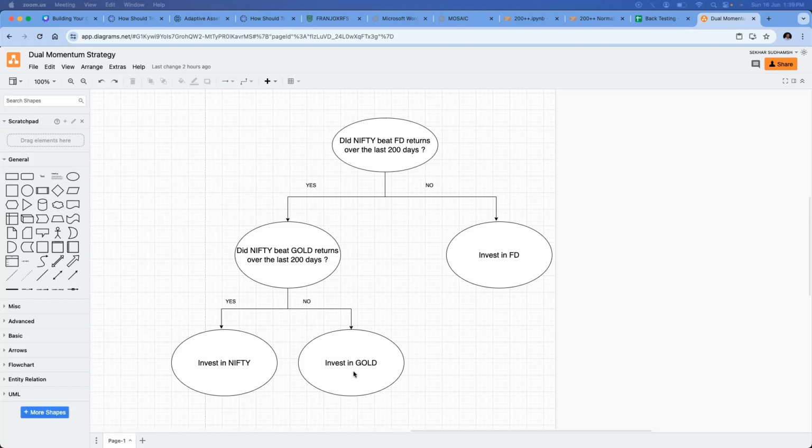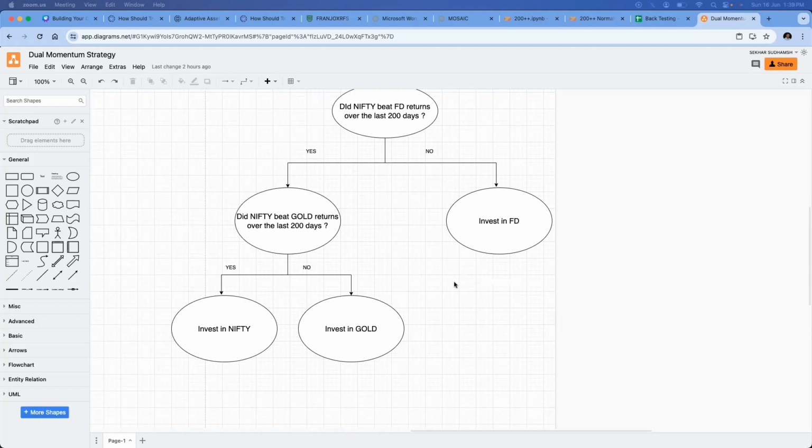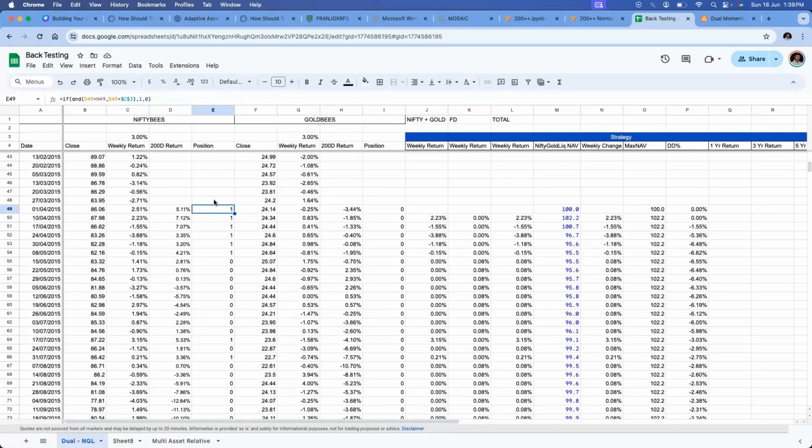Similarly, if gold is greater than Nifty and gold is greater than FD, invest in gold. If neither Nifty nor gold is greater than FD, then invest in FD. So those are the three signals that we need to get and invest. So we'll go back to the Google Sheet and create a new IF rule to get this logic.